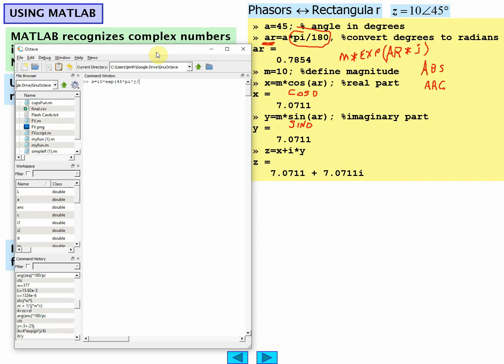So inside, pi over 180 converts degrees to radians. Or sometimes I know 45 is pi over 4, so I'll just write pi over 4. And voila, same thing.